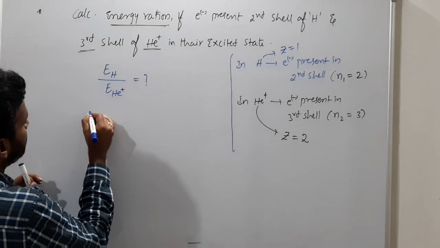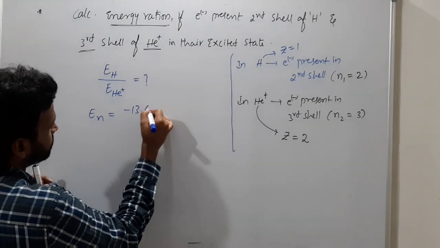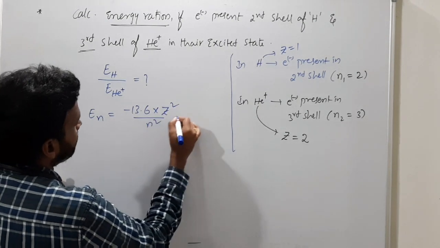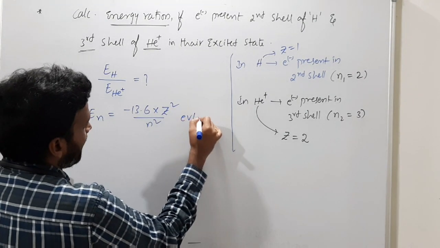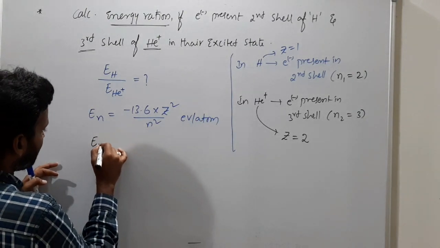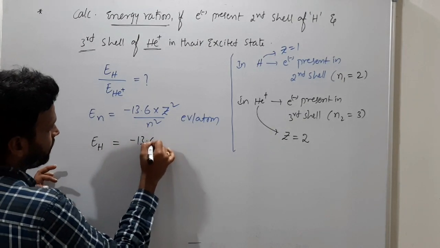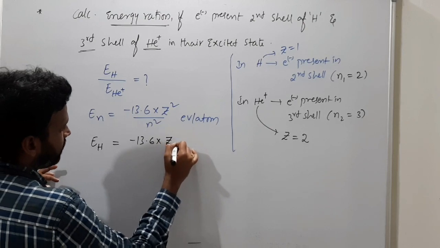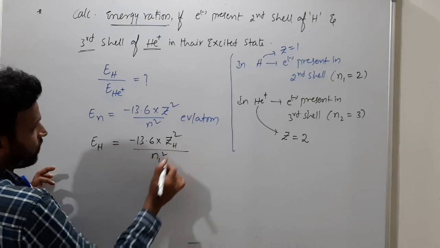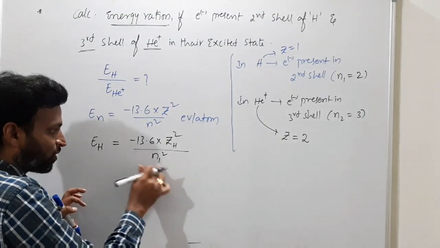The energy formula, you know, is in electron volts: minus 13.6 times Z square by n square, in eV per atom. For hydrogen I am writing EH, meaning energy of hydrogen: minus 13.6 times Z of hydrogen, the atomic number of hydrogen, square, by n1 square. n1 or nH, your choice, means the shell of hydrogen.